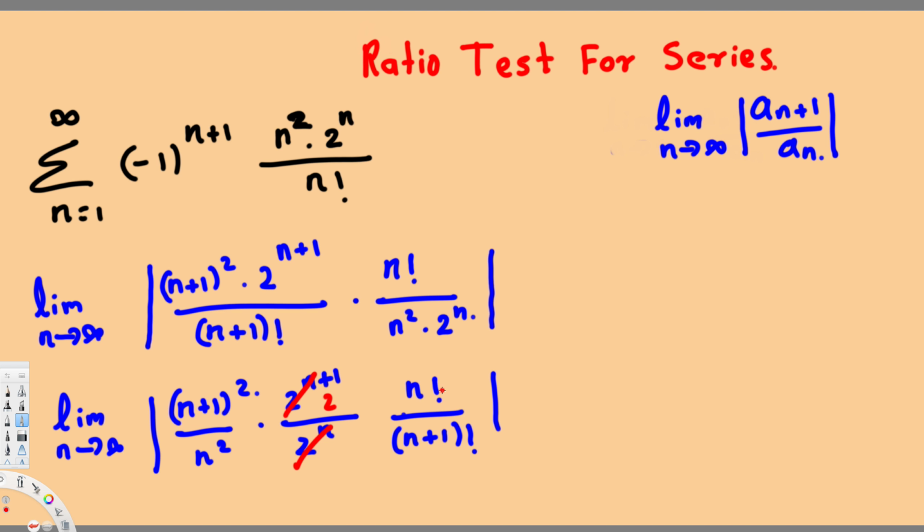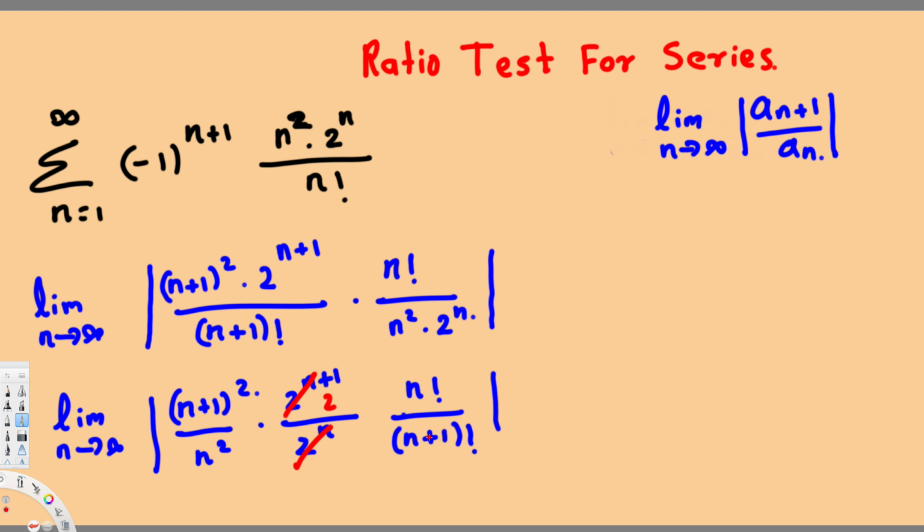And then n factorial over (n plus 1) factorial. So let's say this is 20 factorial over 21 factorial, or 7 factorial over 8 factorial, or you can think about anything. The factorial is going to be reduced by 1 each time, right? So this is going to go like n minus 1, n minus 2, and n plus 1 is going to go like n plus 1, n.